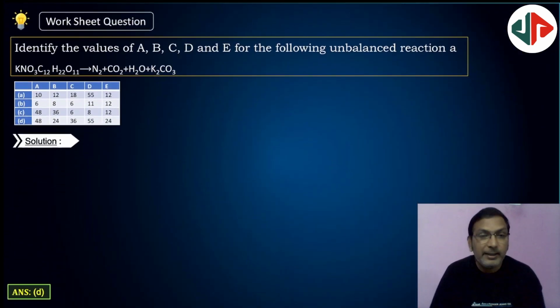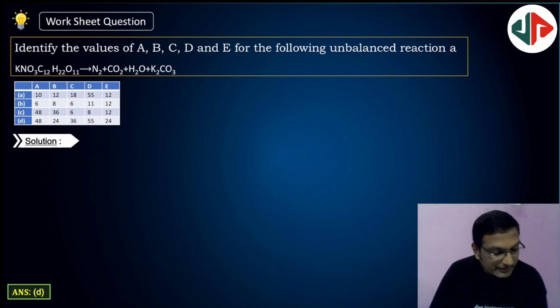So identify the values of A, B, C, D, E from the following unbalanced equation. So here the given equation must have KNO3 plus.